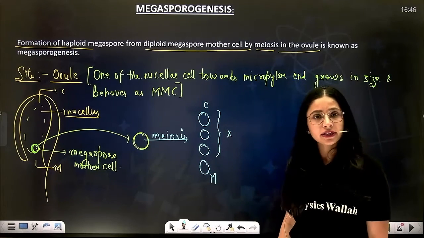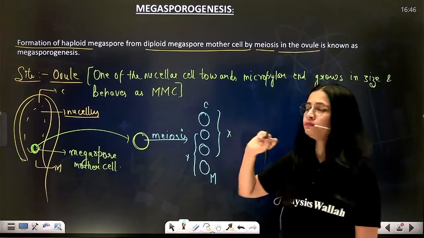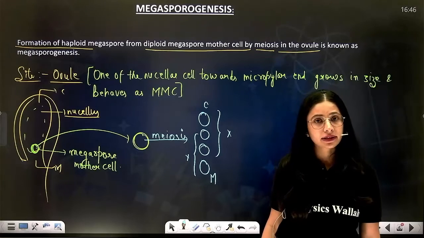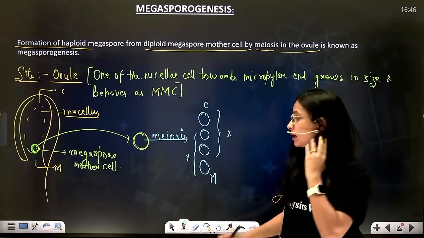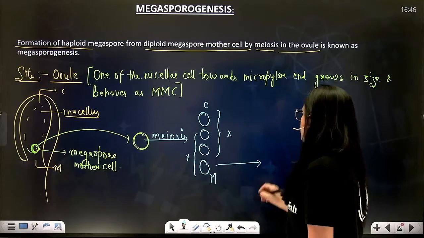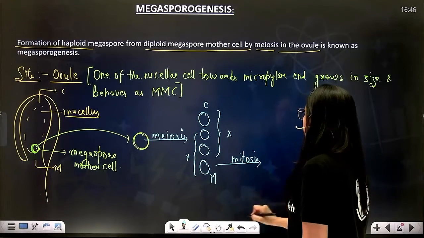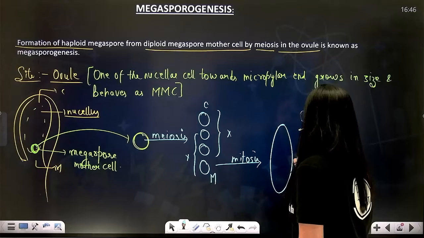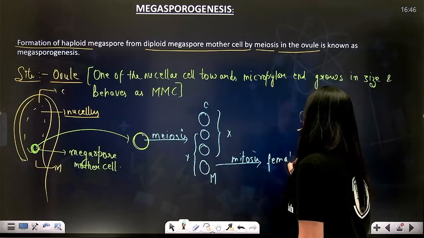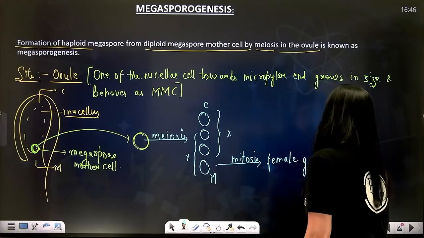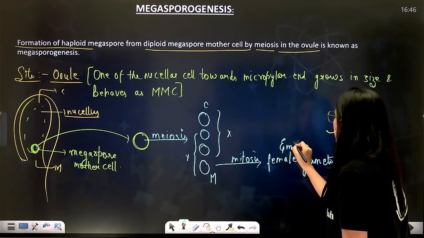Correct? 3 will degenerate. Maybe the 3 at the micropylar end may degenerate, or maybe the 3 at the chalazal end may degenerate. However, only 1 is going to remain functional, and that one functional megaspore will undergo mitosis to form the complete embryo sac, which is your female gametophyte.